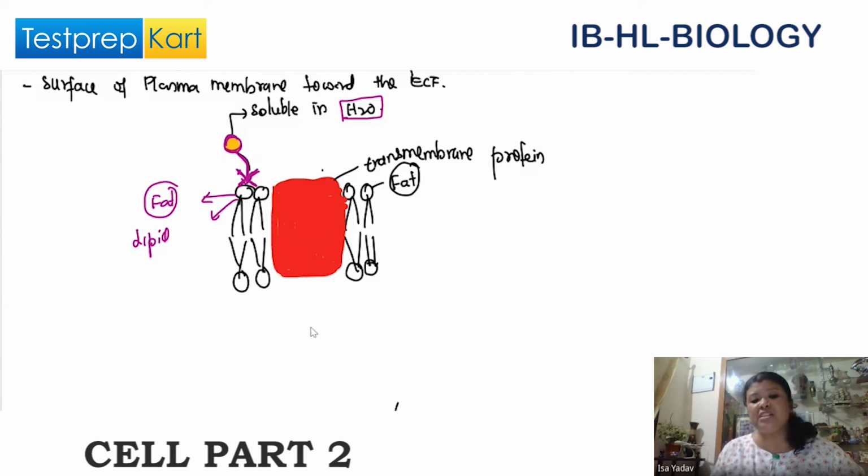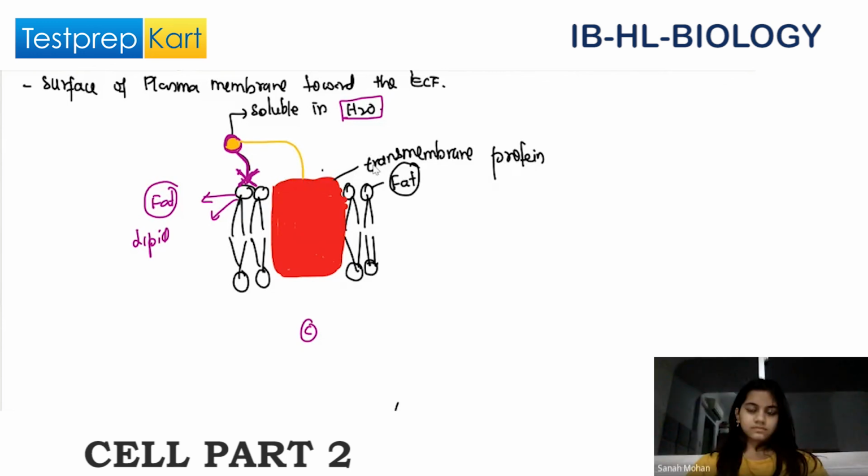Now, suppose this is the cytoplasm, and this compound is necessary for the development of the cell. So who will allow this water soluble compound to enter? Let us see. The water soluble compound comes here.